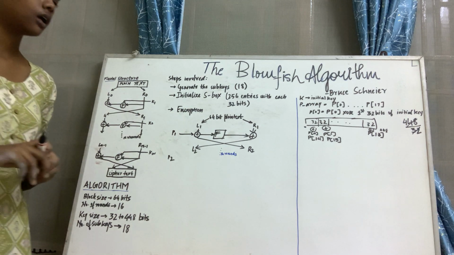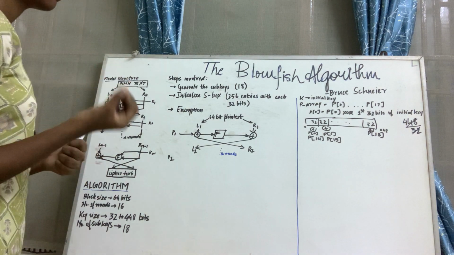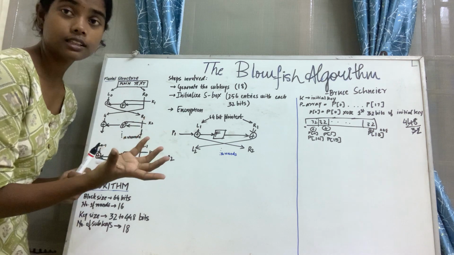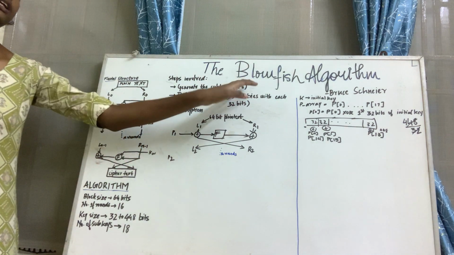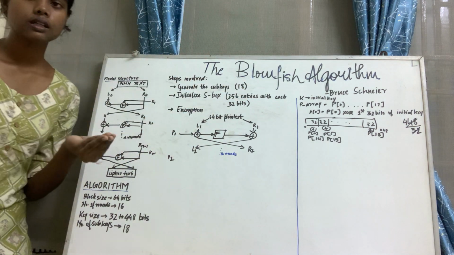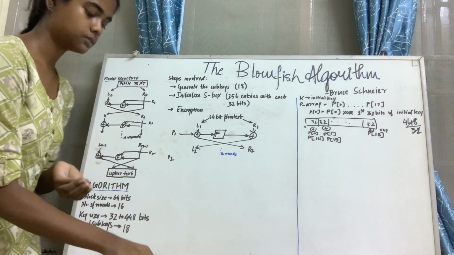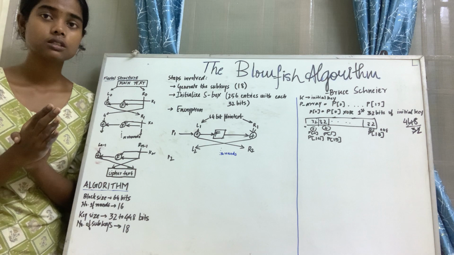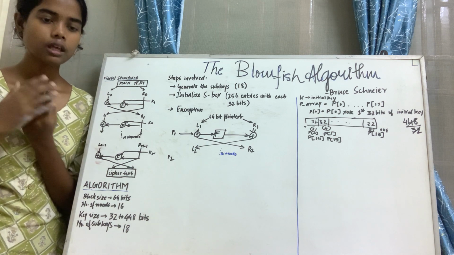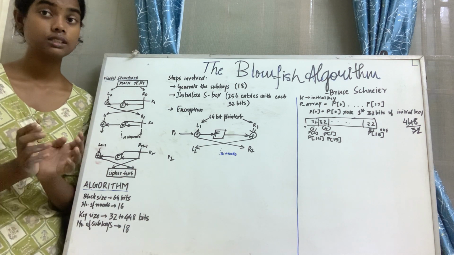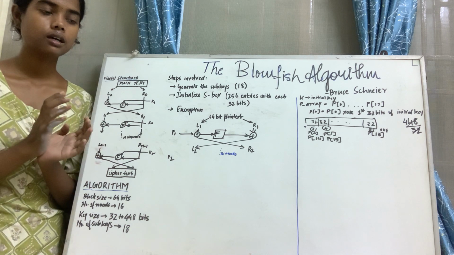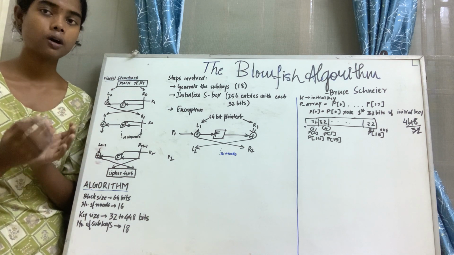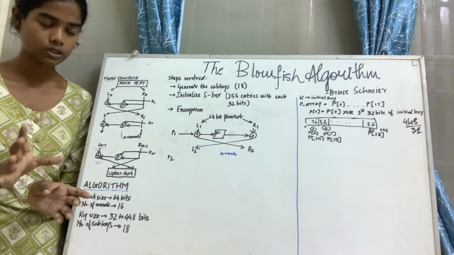So now that we have generated all 18 of the subkeys, the next step is to initialize the S box. So what exactly is an S box? An S box, which is known as the substitution box, basically performs the operation of substitution.